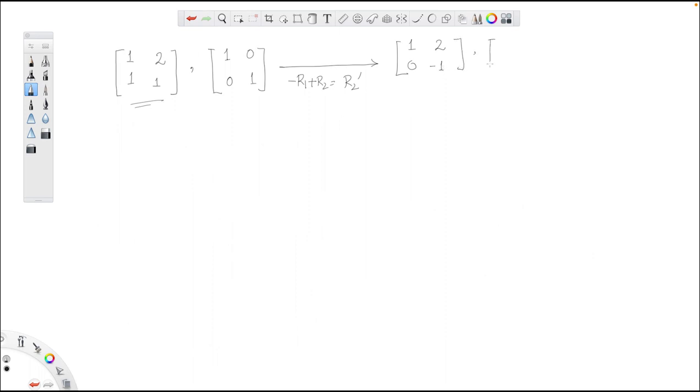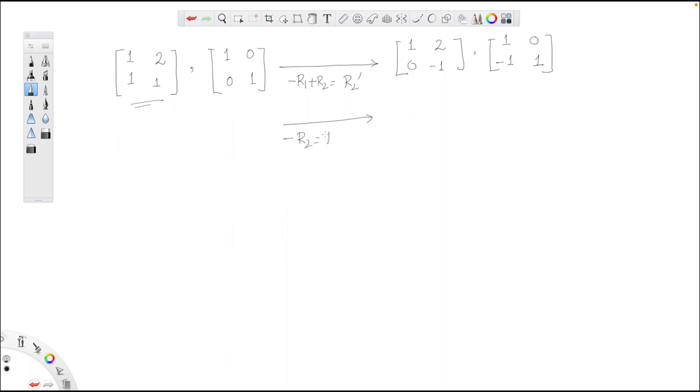Okay, and the first row stays the same. We're just changing the second row, so this is going to be minus 1 and this is going to be 1. Okay, so now I need to make this guy plus 1, and that can be done by multiplying the entire second row with minus 1.